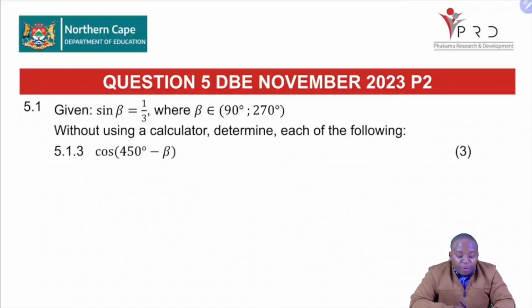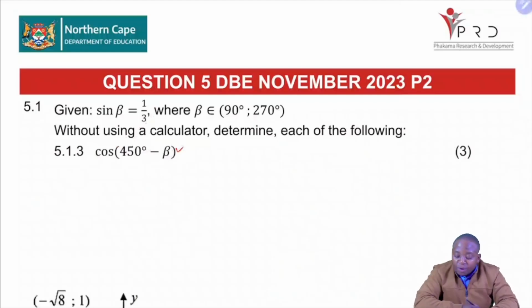Let's look at 5.1.3. We are now required to find cos of 450 minus beta. What do I notice here? I notice that 450 is way above 360. Then what do we do? We need to reduce this using the multiples of 360. We can use 180, we can use the actual 360 to reduce this.